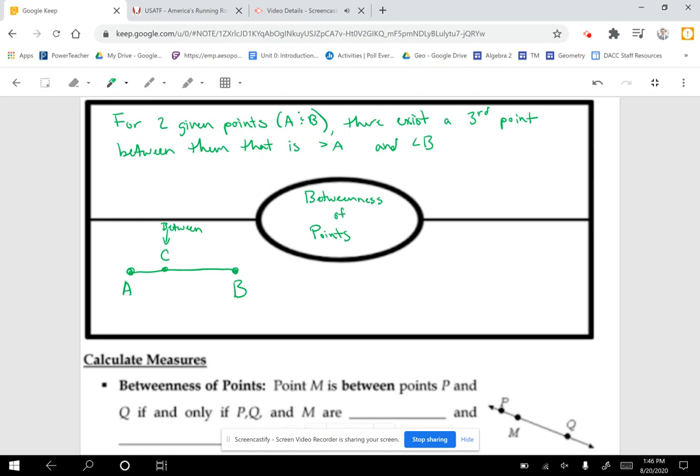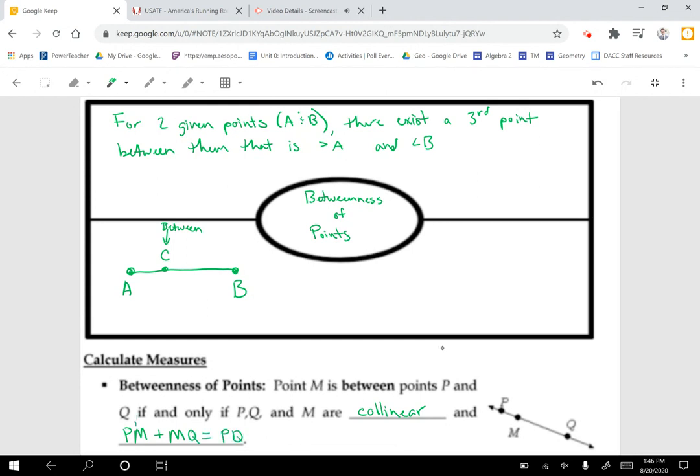So point M is between points P and Q if and only if P, Q, and M are collinear. So they have to be on the same line, and it also has to make sense as a property. So the pieces must add up to the whole is basically what PM plus MQ equals PQ is saying.